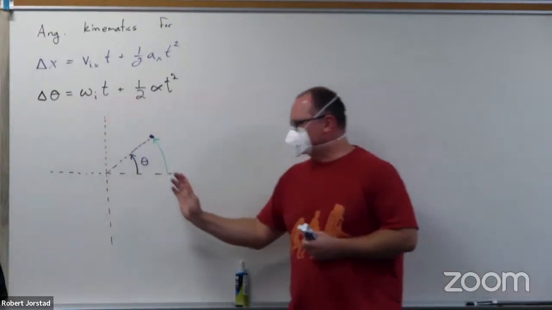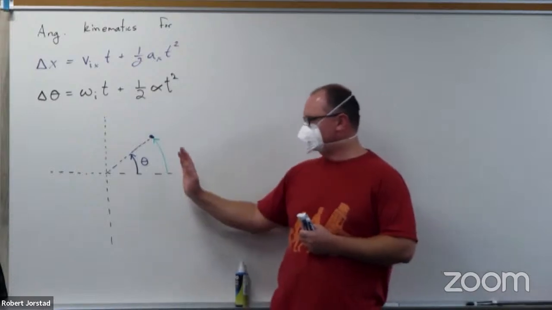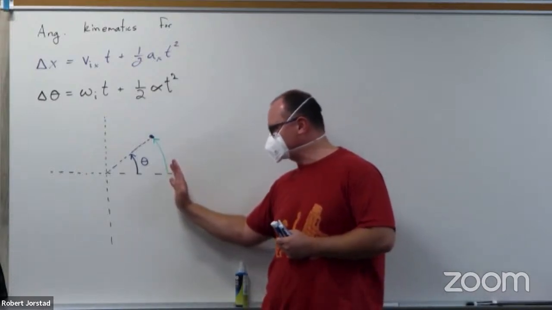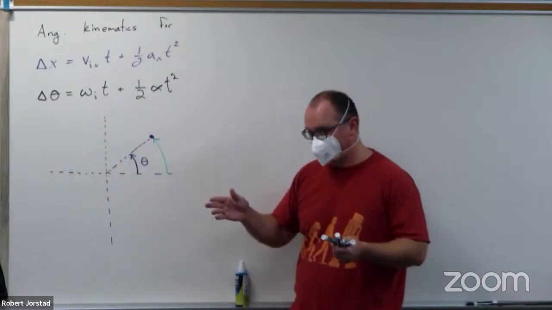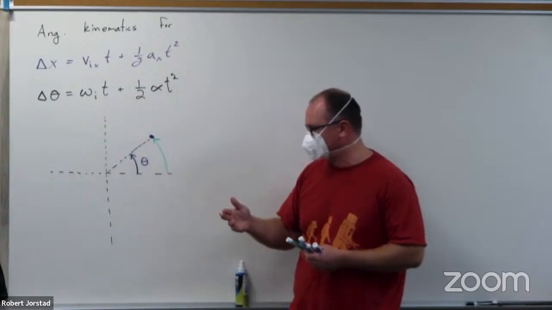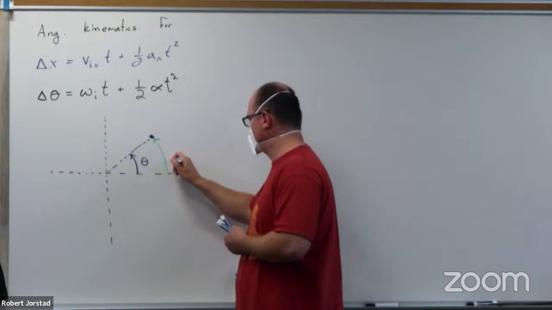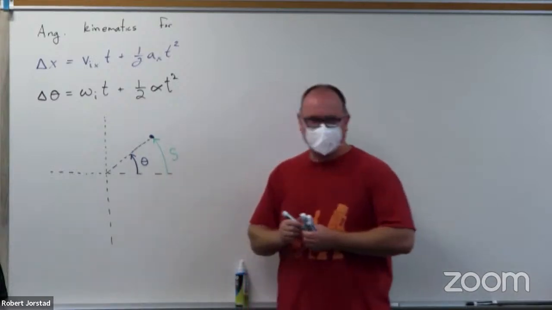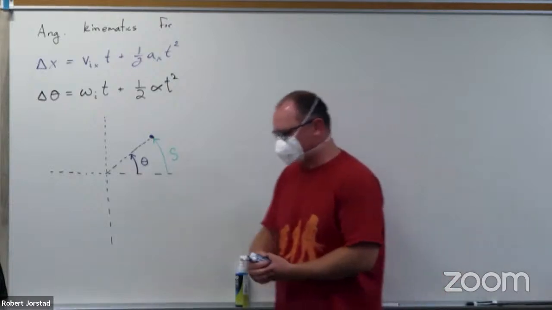If it travels through some angle theta, it's going to travel an actual distance. What's a good name for the length of an arc? Arc length. What symbol does that tend to have in mathematics? S. So arc length is S, usually, and different books are probably different, but for us, we're going to use S.